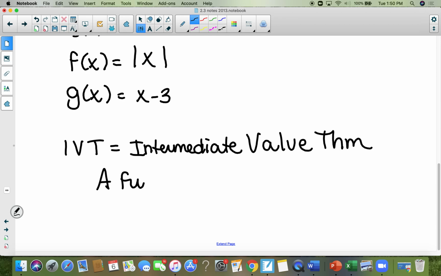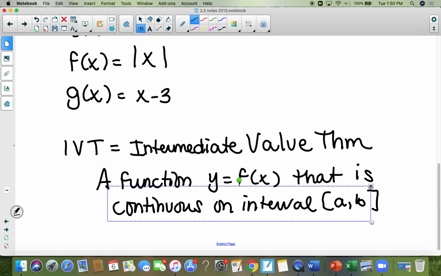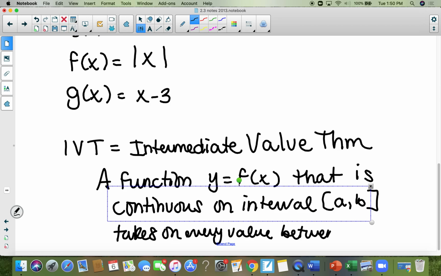A function y equals f of x. Remember, y does equal f of x. So some function f of x that is continuous on the interval a to b takes on every value between f of a and f of b.